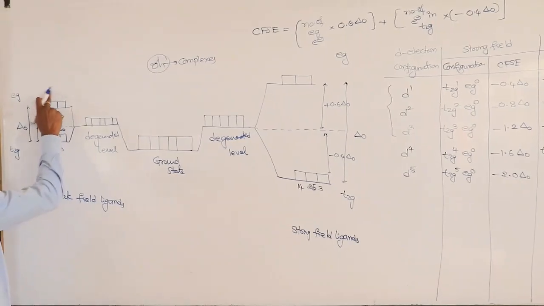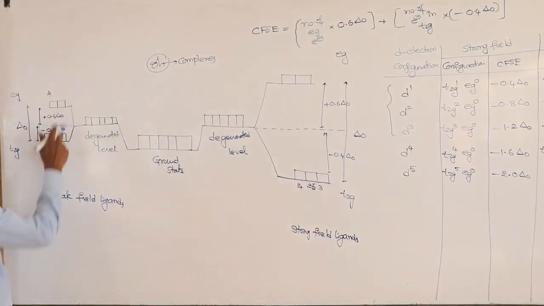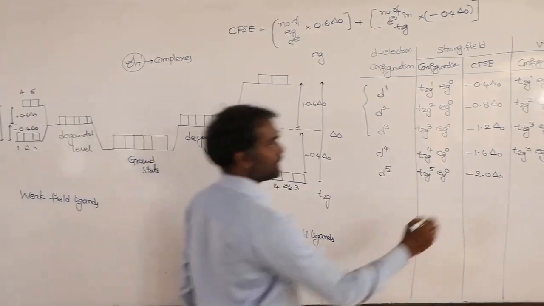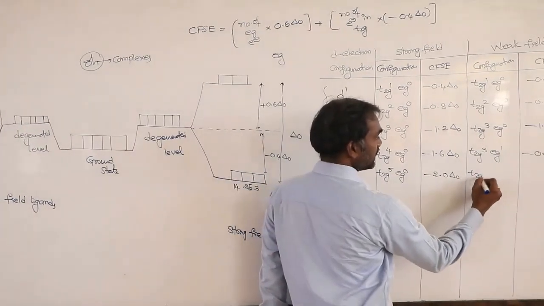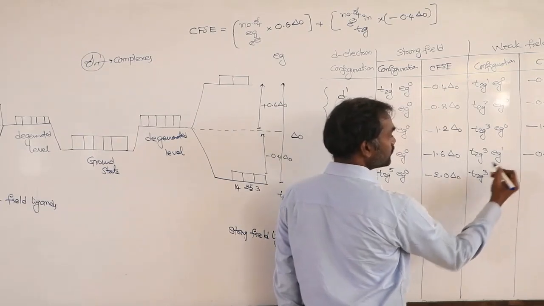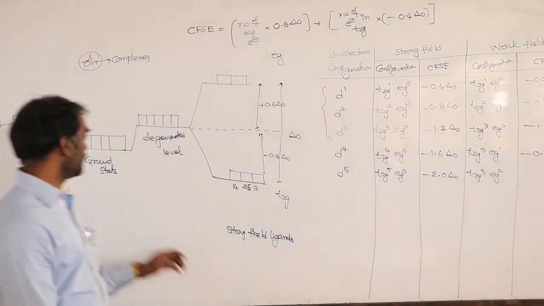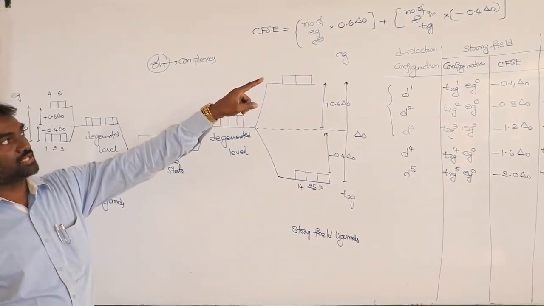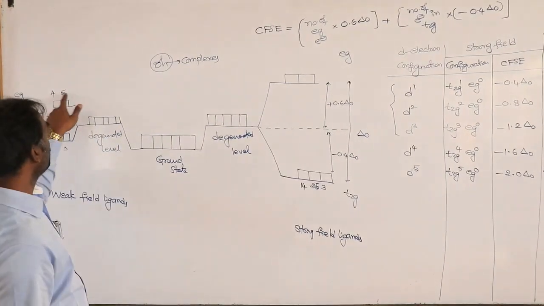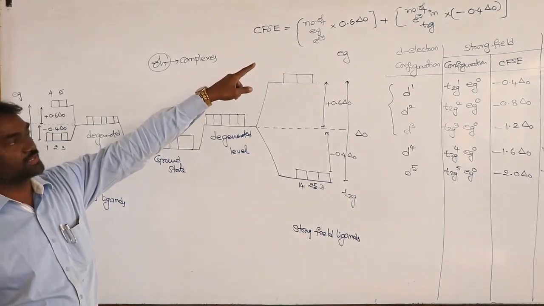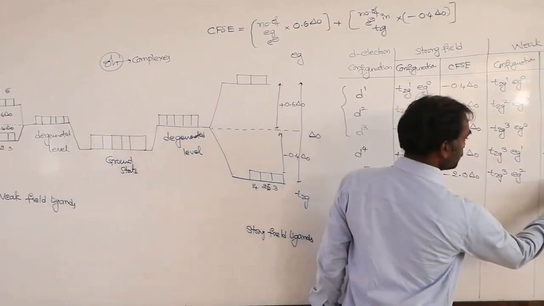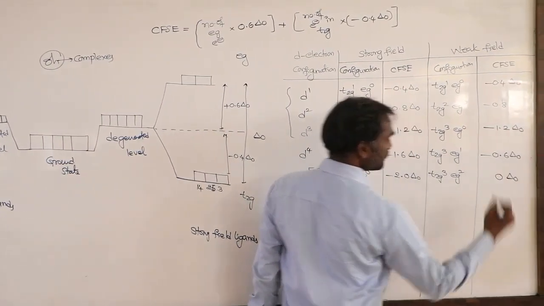Now the fifth electron is here only. Then what happens here? T2G3 EG2. So now you see 3 electrons, 3 into minus 0.4, minus 1.2. Next, 2 into plus 0.6, that is plus 1.2. They cancel, so you are getting 0 delta 0.